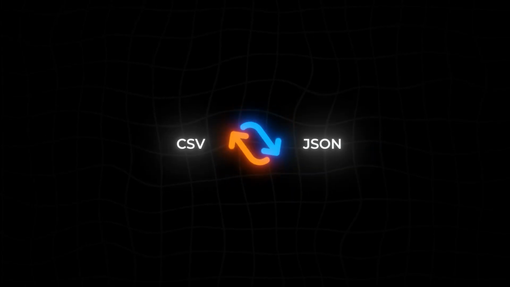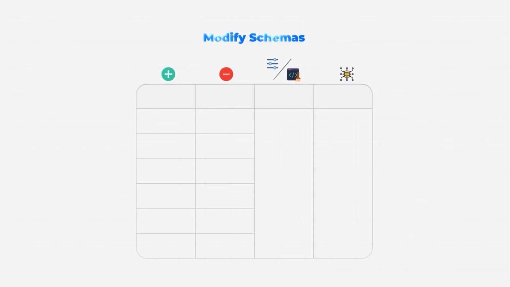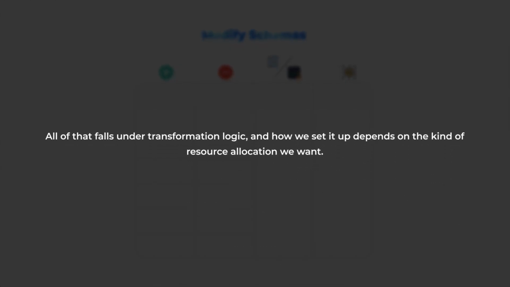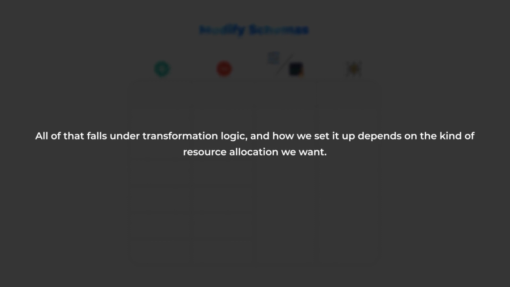With ETL jobs, we can perform all sorts of transformations. Convert formats like CSV to JSON or the other way around, modify schemas by adding, removing, or renaming columns, filter or clean up messy data, join or aggregate datasets, and run whatever calculations we need. All of that falls under transformation logic, and how we set it up depends on the kind of resource allocation we want.